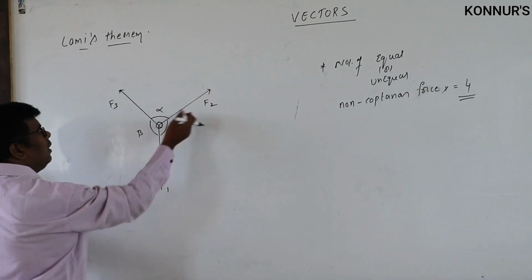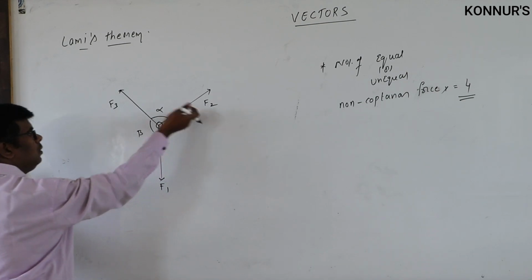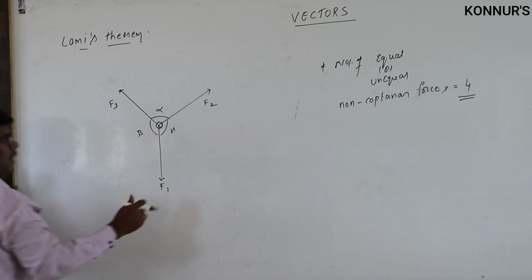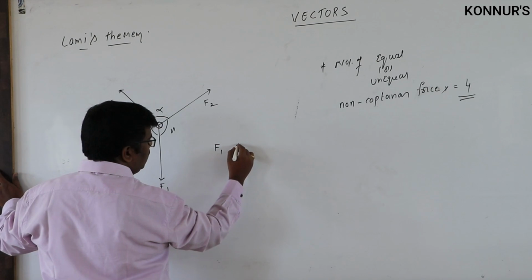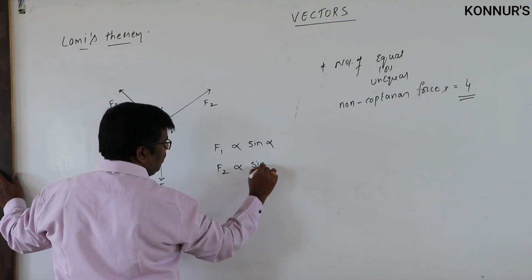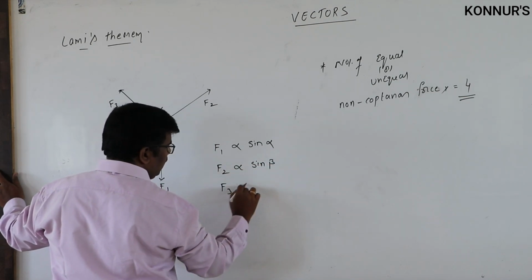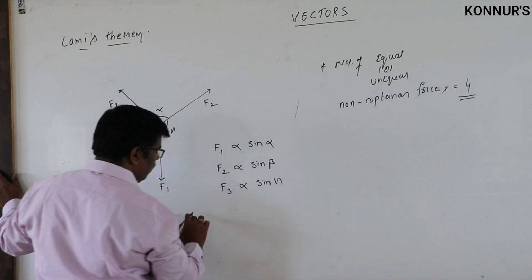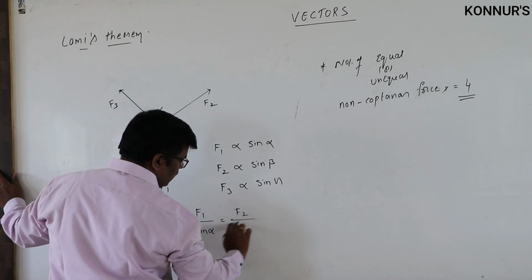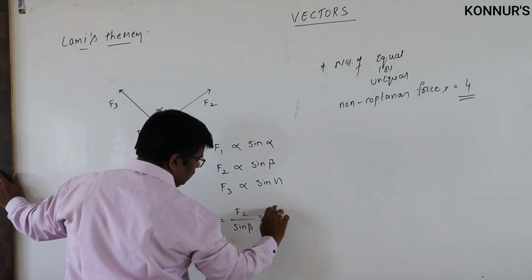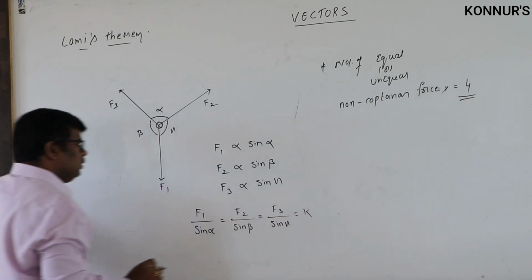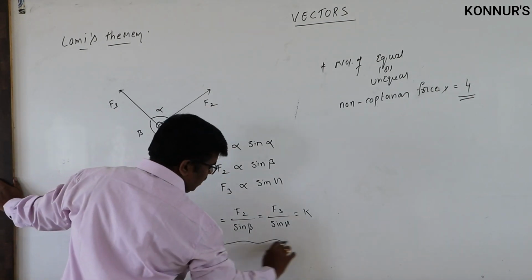In the same way, F2 is directly proportional to sine beta, the angle between F3 and F1. So F1 is proportional to sine alpha, F2 to sine beta, F3 to sine gamma. Then you can write F1 by sine alpha equals F2 by sine beta equals F3 by sine gamma equals some constant K. This is what we write as Lami's theorem.